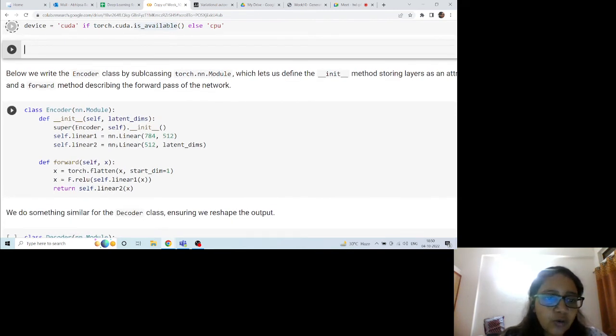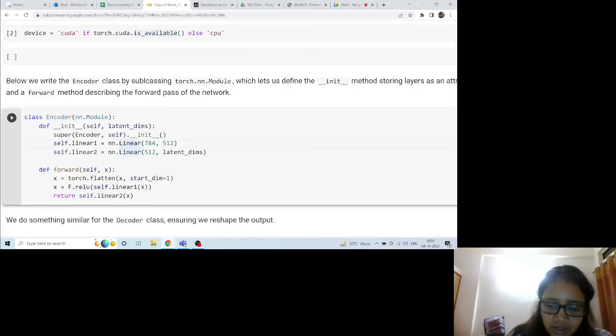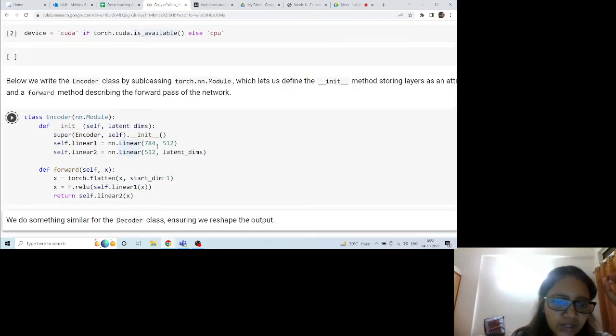So what is an encoder comprising of? Here they have taken it to be a two hidden layer neural network. Suppose you have an MNIST sort of data set. You know that MNIST is 28 cross 28, which amounts to 784.